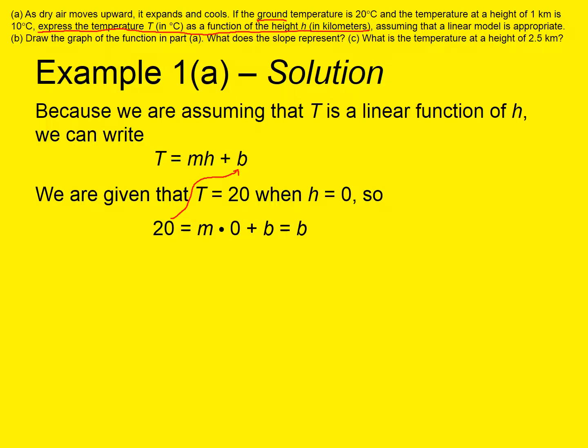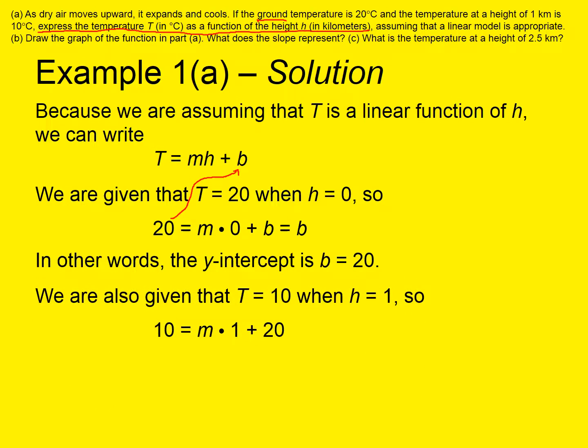We have not used that. And we can use that along with what we've already used to find m. Okay, so y-intercept 20, and we are also given that t equals 10 when h is 1.